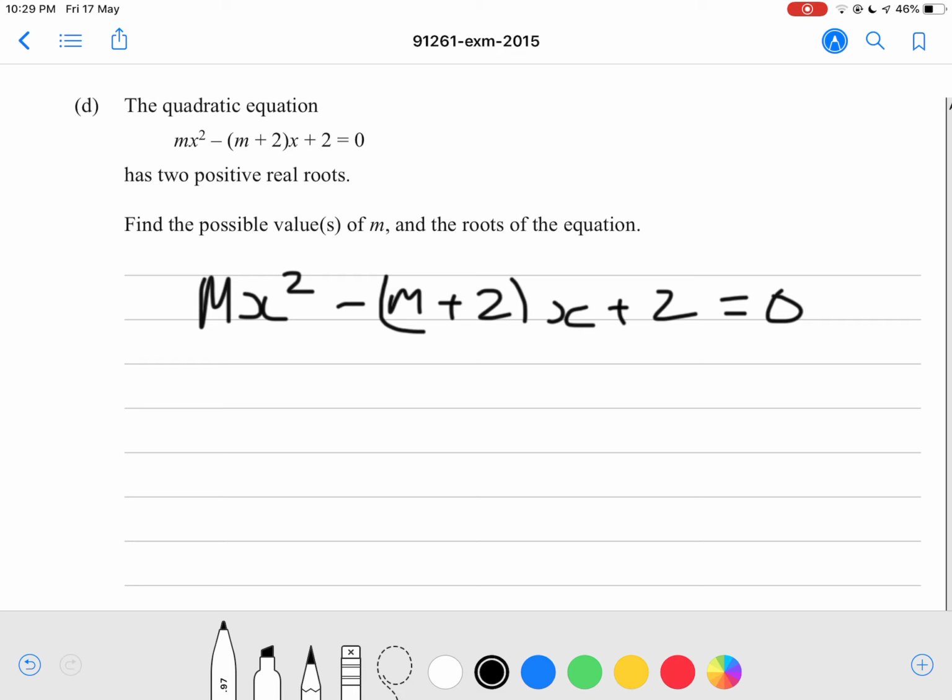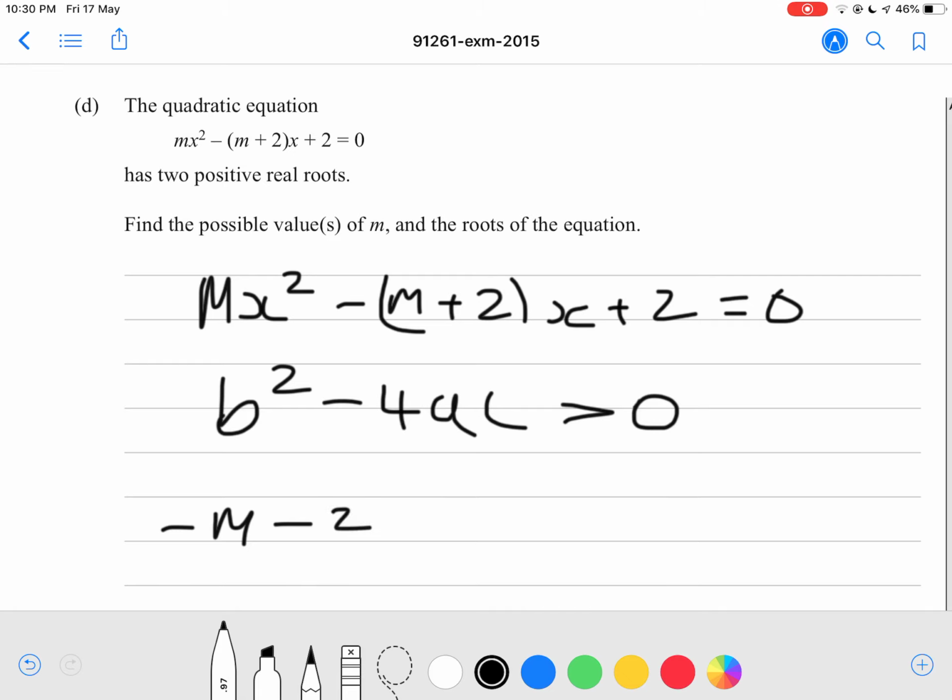So basically it has two positive real roots. So we can say that b squared minus 4ac is greater than 0. So b squared, negative (m plus 2), and to see the negative here, you have to expand that.